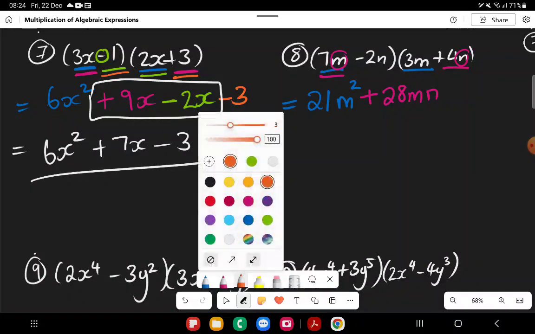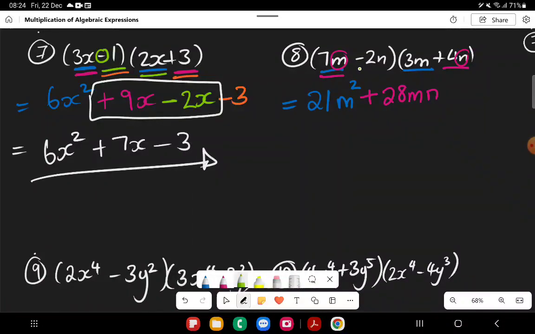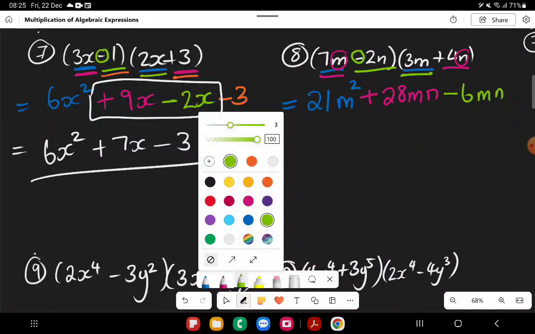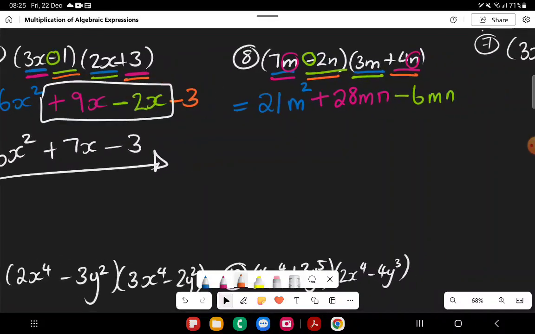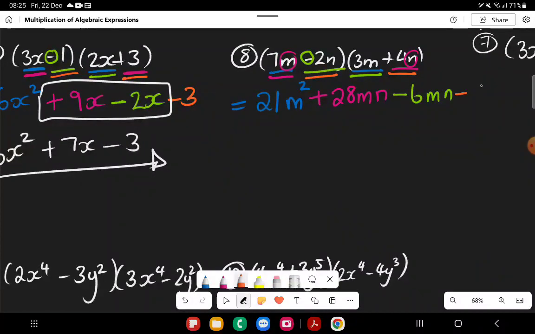Then we are going to do inner. Notice the negative in that. So negative 2 times 3 is negative 6 mn. And then last we are going to have negative 2n times 4n. So that's going to be negative 8n squared.